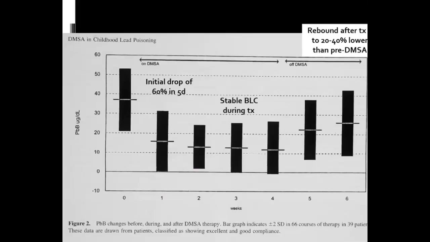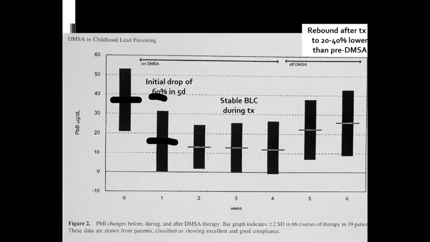I just wanted to show this. These children started at about 37, 38, and as soon as you give DMSA, the next week their concentration was about 60% reduced, and that is a typical amount, 50 to 60% reduction.